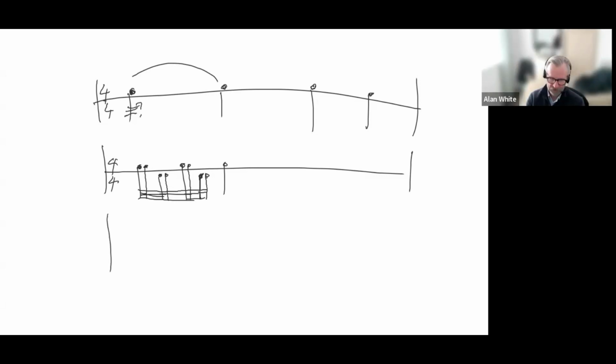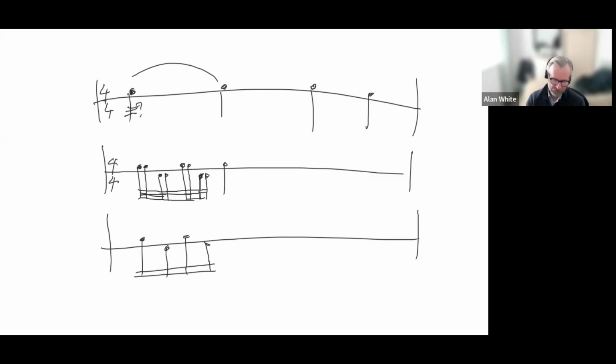I'm just going to do this one more time. So we had that, right? And if you want to abbreviate that, we have that effectively. That's what we have at the moment: buzz, buzz, buzz, tap.